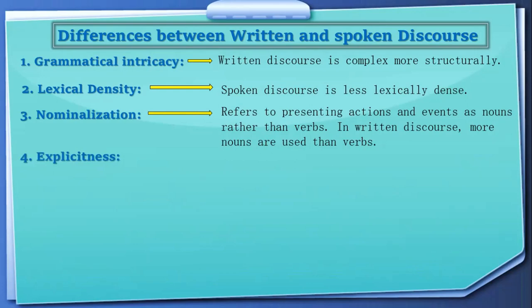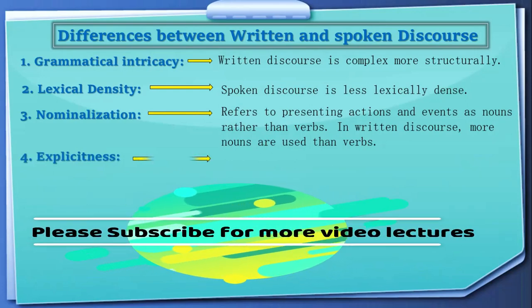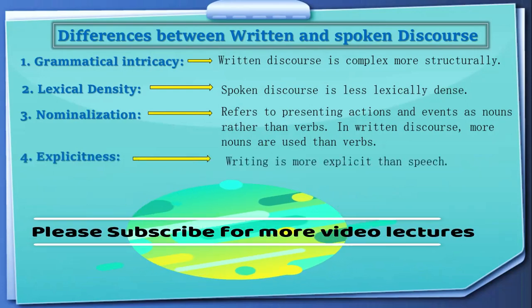Number four, explicitness. Writing is more explicit than speech. It means written discourse is more explicit, more clearly explained, than the spoken one.